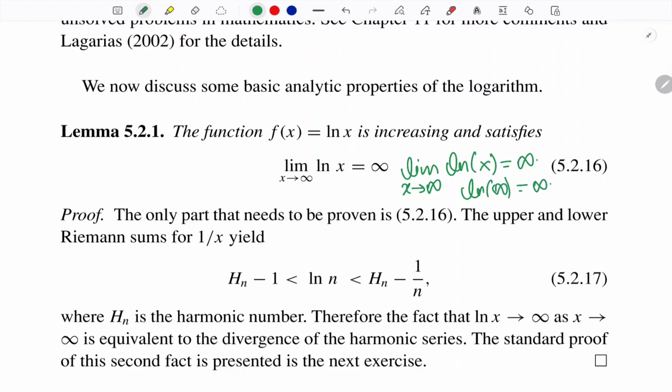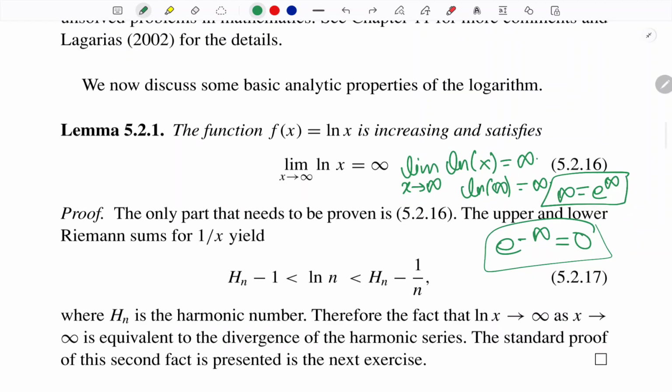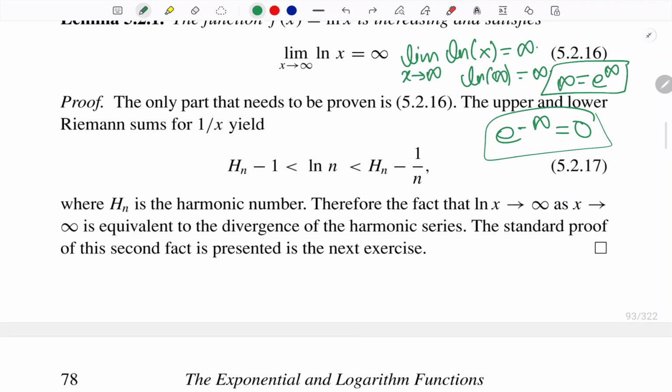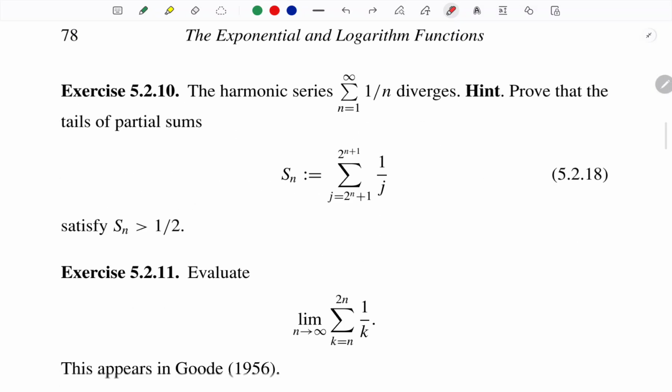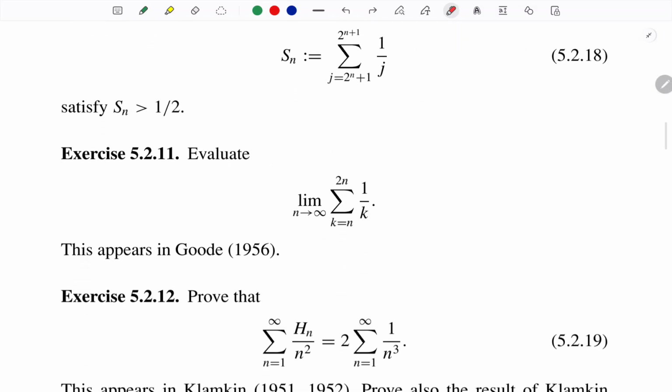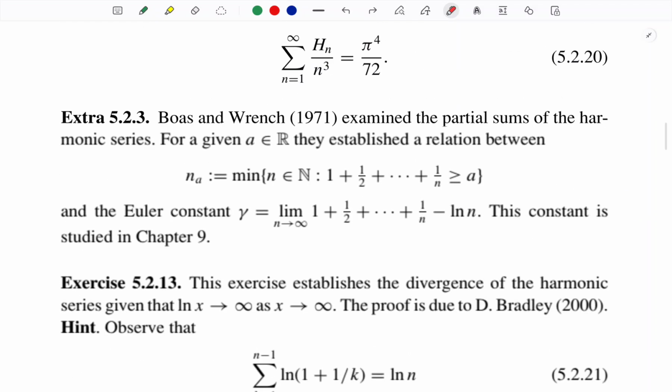So infinity is equal to e to the infinity, right? But e to the negative infinity is 0. Keep remembering that. So you can understand when you have to use infinity and when you have to use 0. Let's move further below.